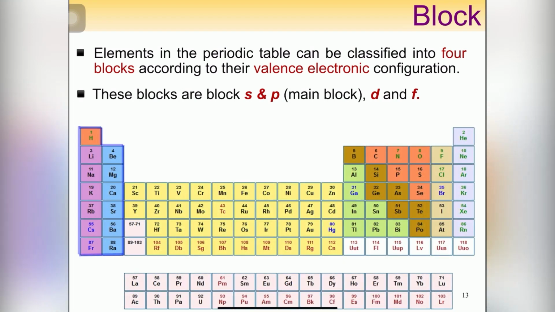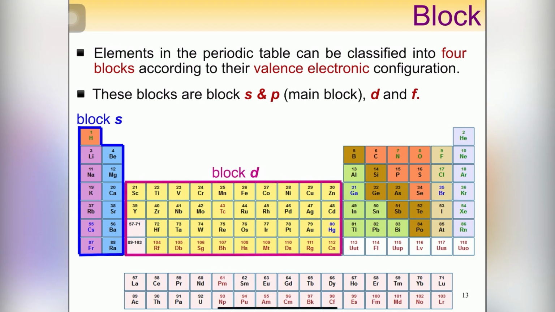Block s refers to groups 1 and 2. As I told you before, the valence electrons for groups 1 and 2 occupy orbital s, so that's why the elements in groups 1 and 2 are in block s.